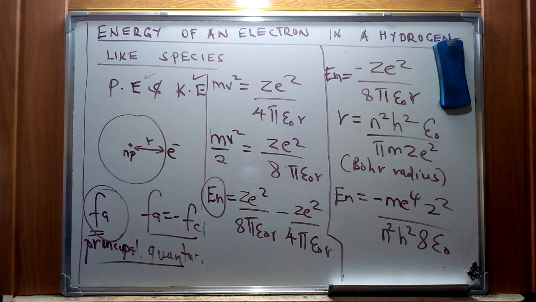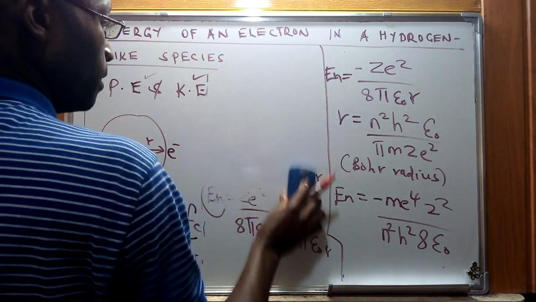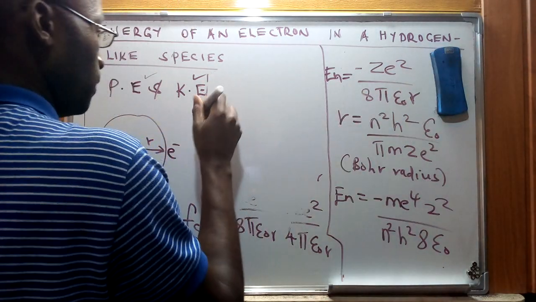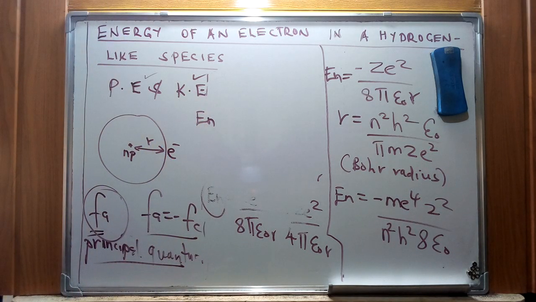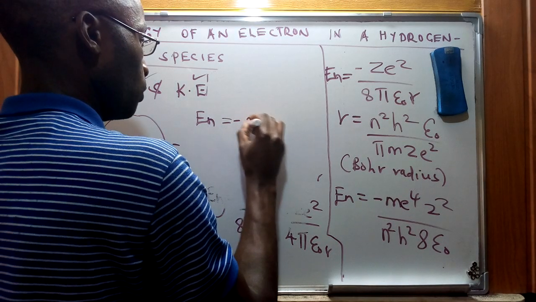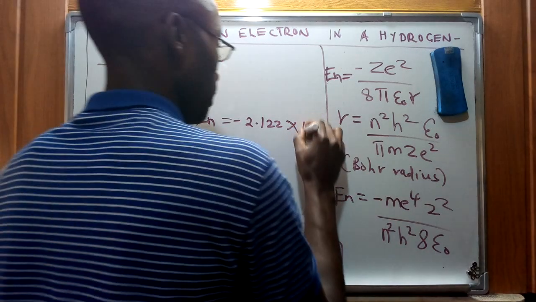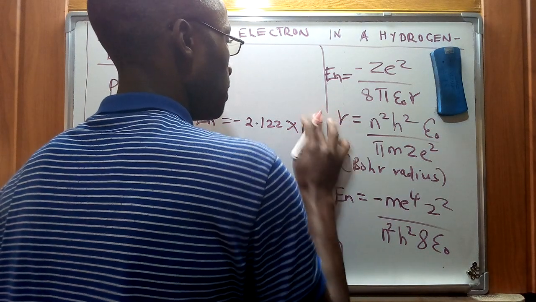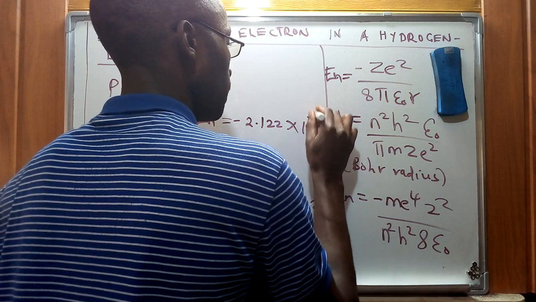So if we do a substitution for those various constants that we have already mentioned, we're going to see that the value of En, where n, as we have said, is that specific level, is going to give us negative 2.122 times 10 to the negative 18 joules.